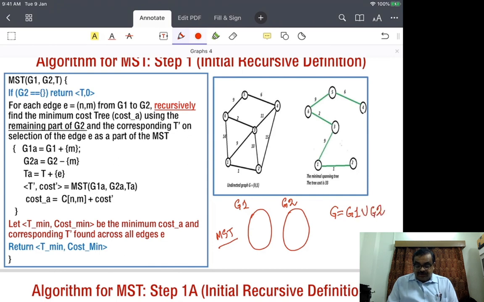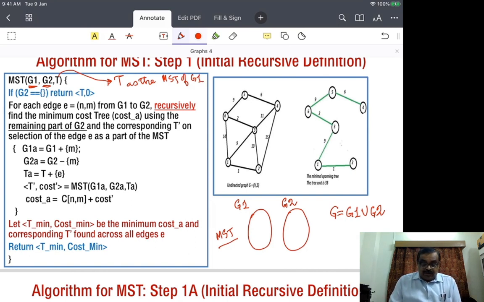So we now assume that for G1, all the nodes of the minimum spanning tree are found for the nodes in G1, and we selectively start choosing nodes from G2 so that we are able to form the minimum cost spanning tree. So our algorithm proceeds with G1 as one argument, G2 as the second argument, and T as the MST of G1, which is already formed till now.